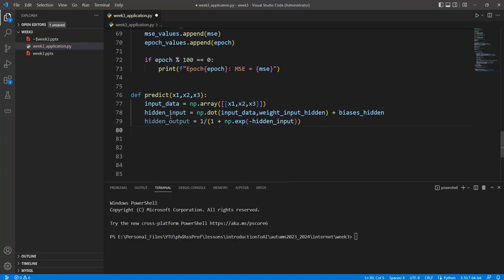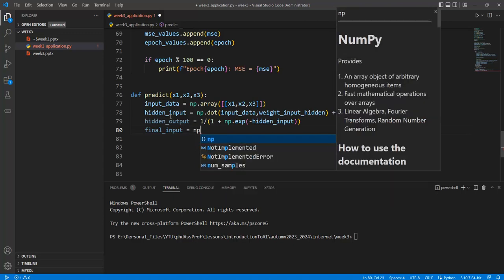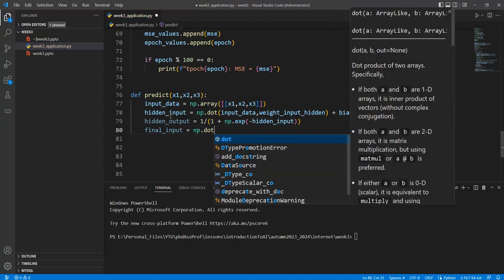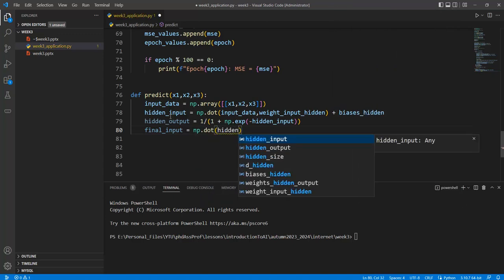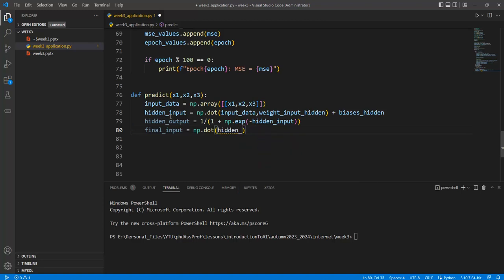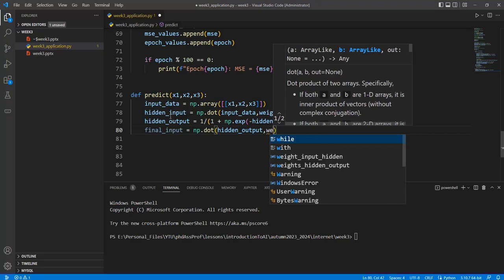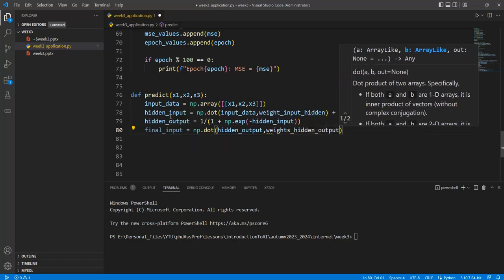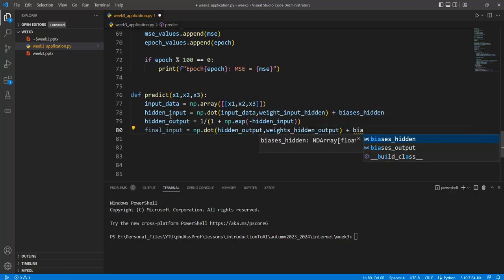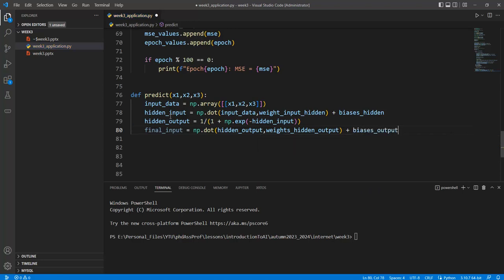And after that the final input should be equal to np.dot of hidden output and weights of hidden to output, plus biases output, right?